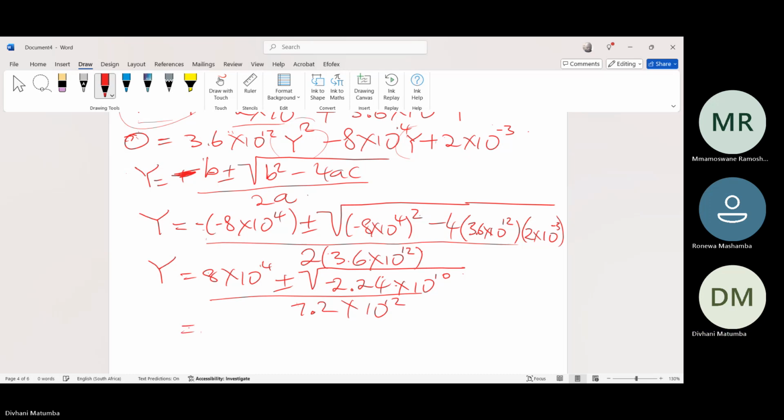So can we solve this equation? Mamswan, is it solvable? Ranewa, can we solve for the value of y? Is it solvable?